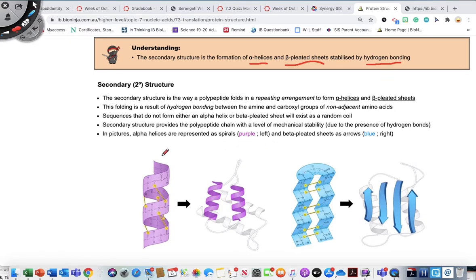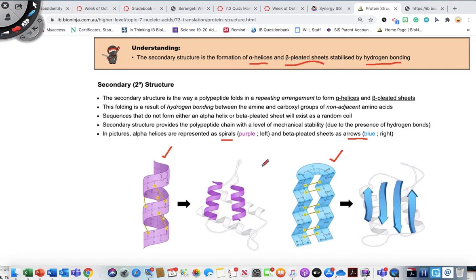So here we see an alpha helix right here. And notice that these alpha helixes, they look like little spirals like this in purple. And here we have the beta pleated sheets. And sometimes beta pleated sheets can also be represented as arrows. Okay, so these blue arrows here.